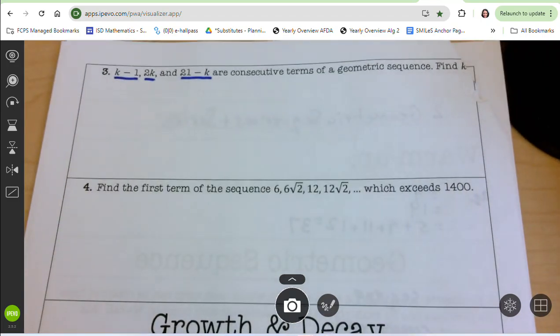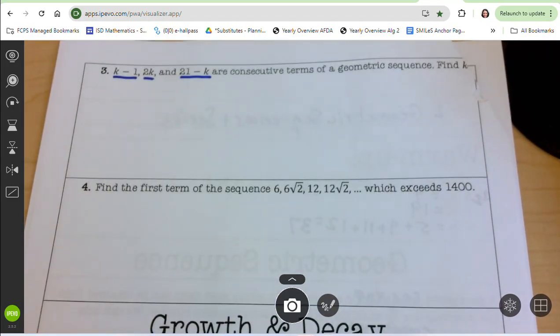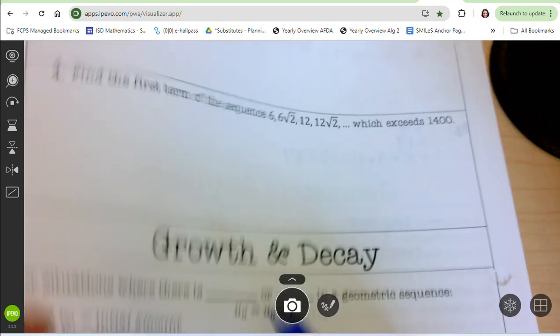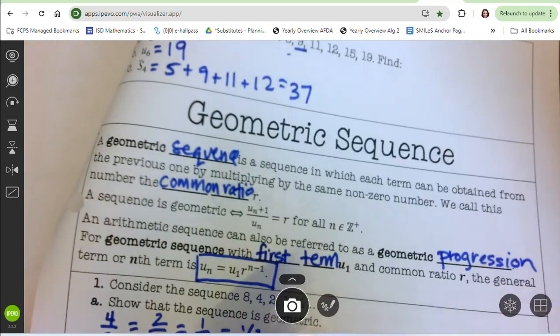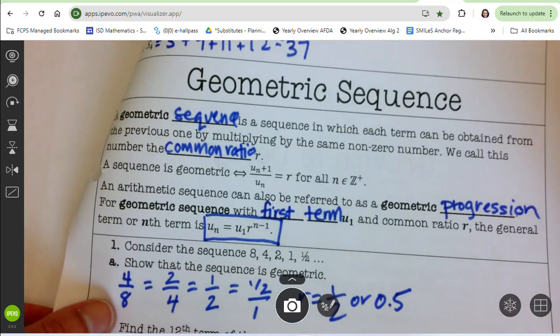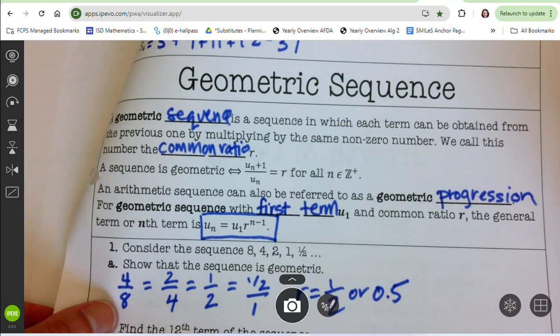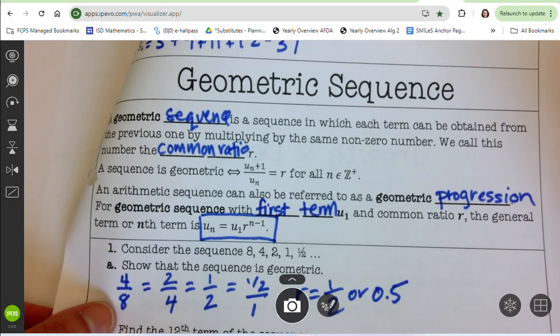One thing that we know is that the r is consistent. And how do we find the r when you know different terms? How did we find r back here? What did we divide? Divide a term by the what?